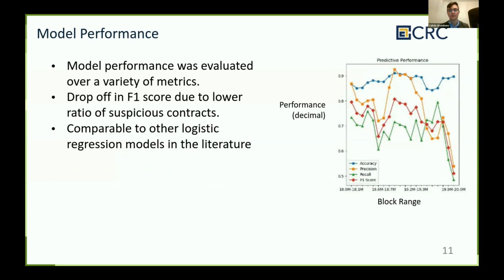And again, this is because there are fewer suspicious contracts in these later blocks, at least according to our data set. So the model's expecting to find more than actually exist, and that leads to this reduction in performance in those other metrics, while accuracy is able to stay relatively high.